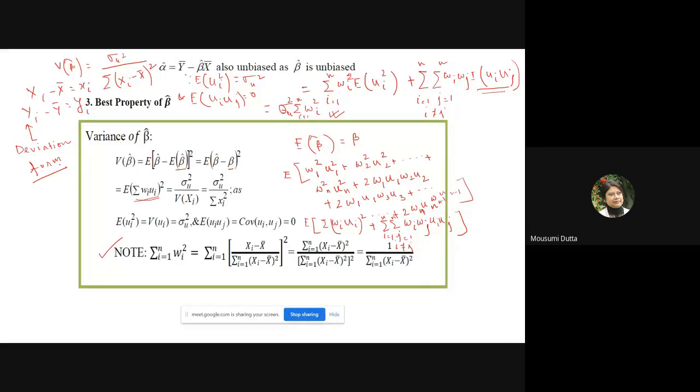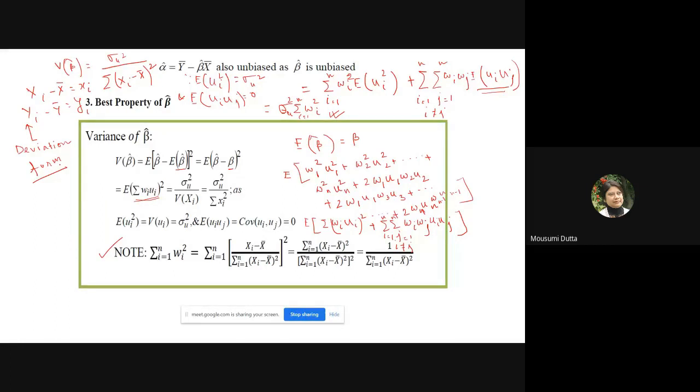Capital Yi minus y bar again indicates the same thing, deviation of all yi values from its mean value. A number of text or reference books use the notation small xi in place of capital Xi minus x bar and small yi in place of capital Yi minus y bar.